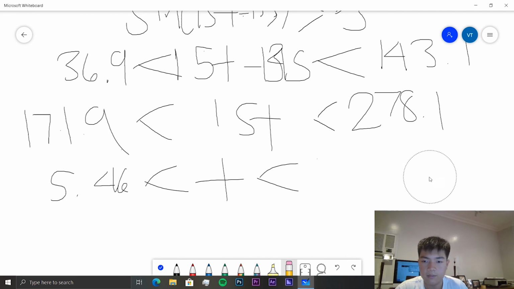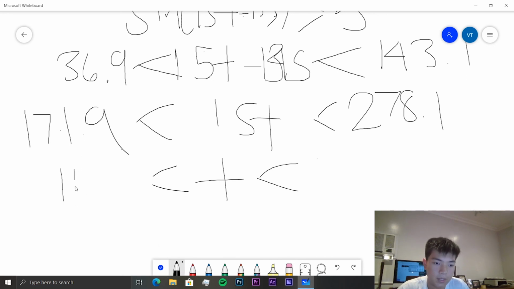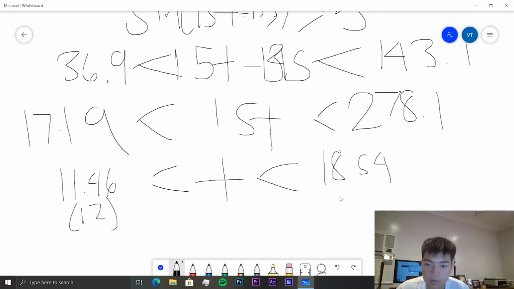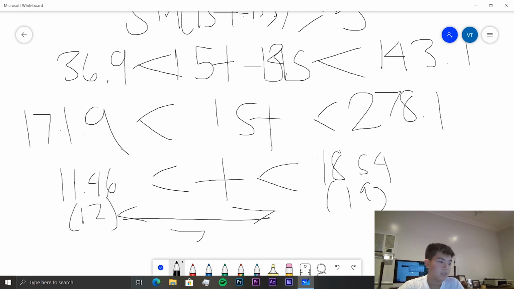So if we get these two times by dividing by 15, we should get 11.46, so like 12, and 278.1 divided by 15 is 18.54. So this is technically, I guess, 19. So we have 19 minus 12, so this should be 7 hours. 7 hours above.